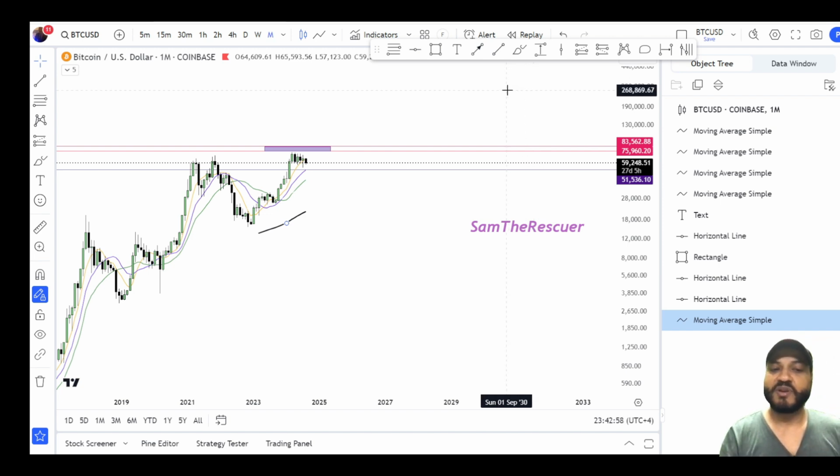But for fanning, we don't need 200. 200 we need for different confirmations, and for longer periods, or to get confirmation for support and resistance or confluences.